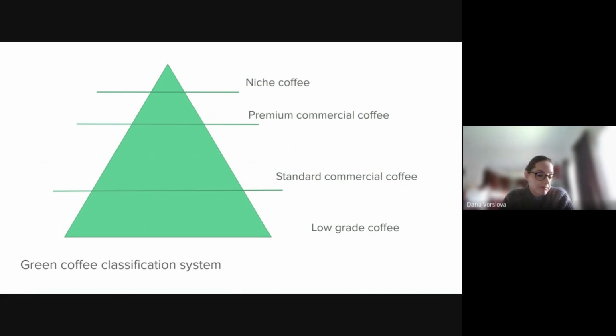So that's it. No crazy flavors, no single farm coffee, maybe just single origin coffee, maybe some single region coffee, and that's it.